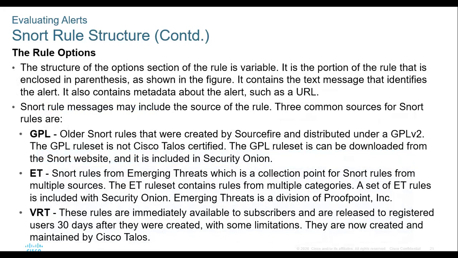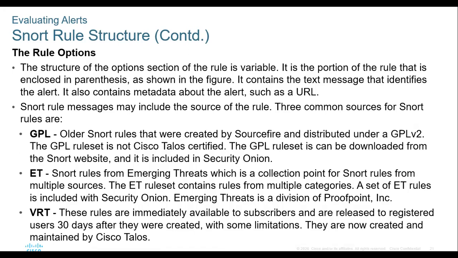So Snort rule messages may include the source of the rule. Three common sources for Snort rules are what? The GPL: older Snort rules that were created by Sourcefire and distributed under a GPL version 2.